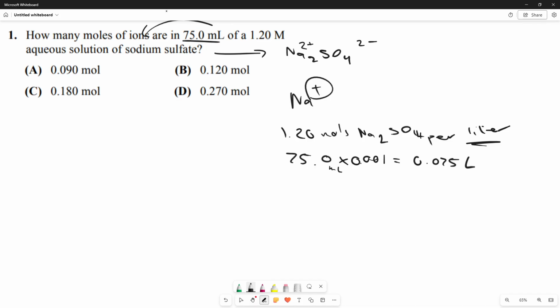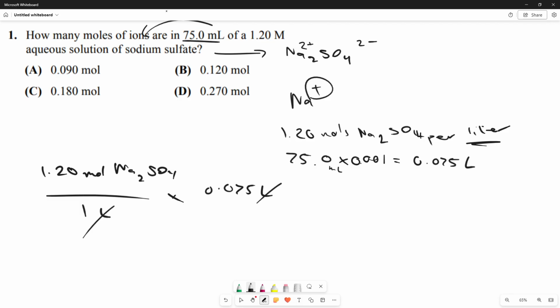So now we can complete the conversion: 1.2 moles of Na2SO4 for every 1 liter times 0.075 liters. The liters cancel out, so we end up with 0.090 moles.